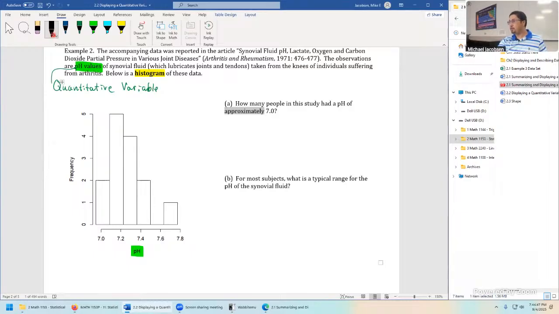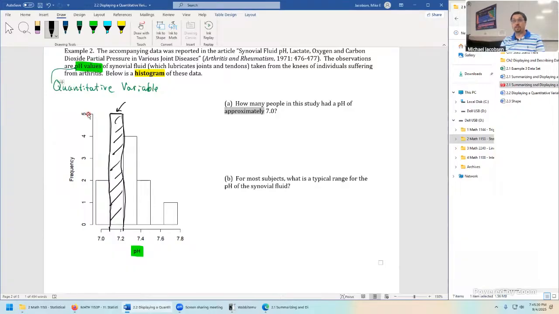If we're looking at the tall rectangle, this one, it goes from about 7.1 to maybe 7.25, a little bit further on. If we just highlight this one just for the moment, it doesn't answer the question, but it'll help us. Between a pH of about 7.1, just above 7.2, there are 5 individuals of this study with those kinds of values. So that's what the histogram is trying to say.